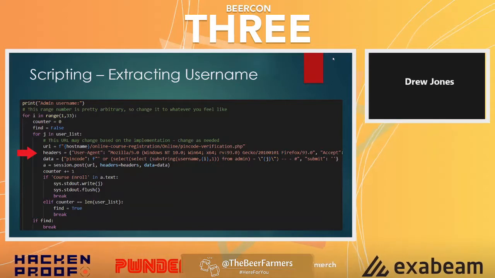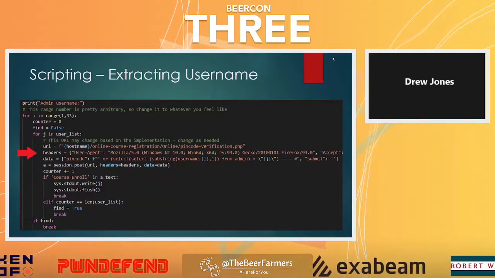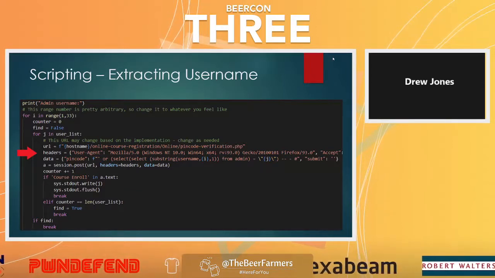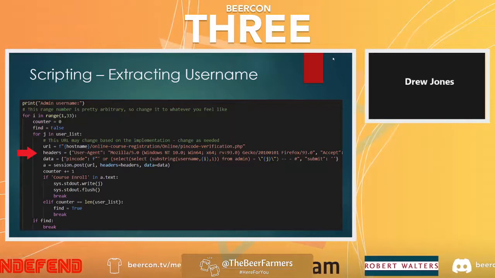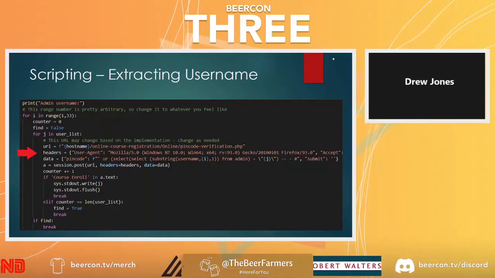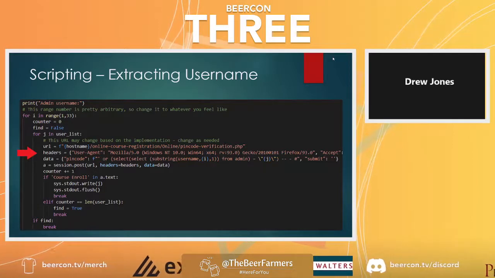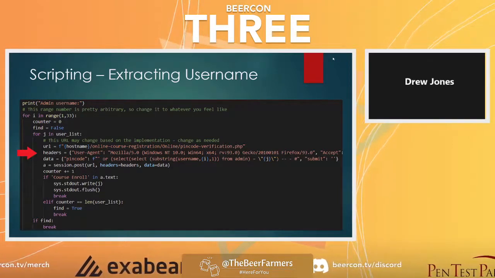So every time we get a hit, what we're doing first is we're iterating through j. So we're going to do select substring username 1,1 from admin equals 0. And then if that returns false, we're going to do equals 1. And we're going to iterate all the way through that until we get a true statement.